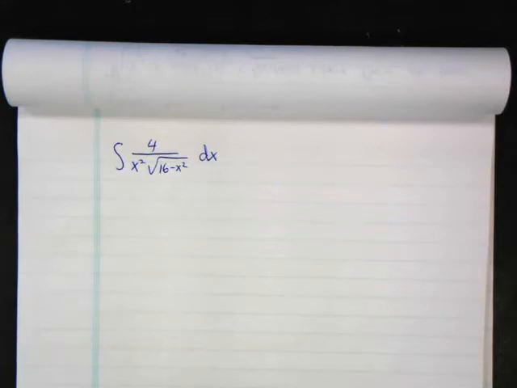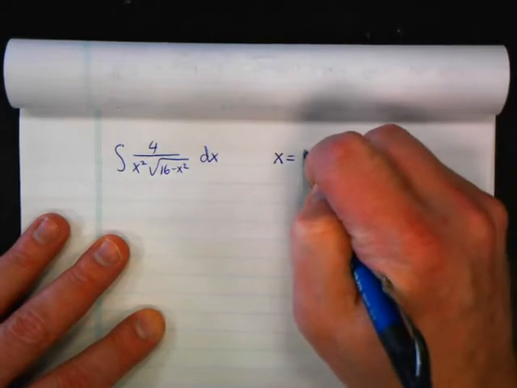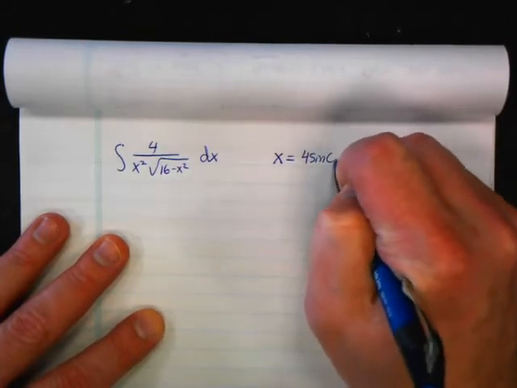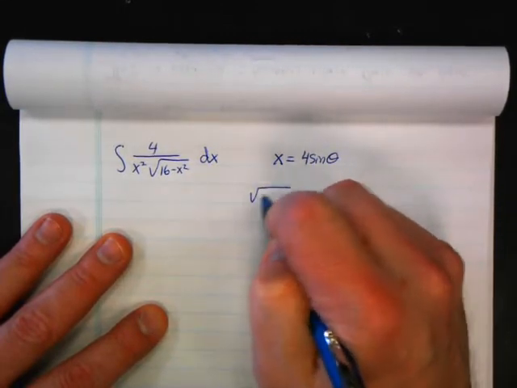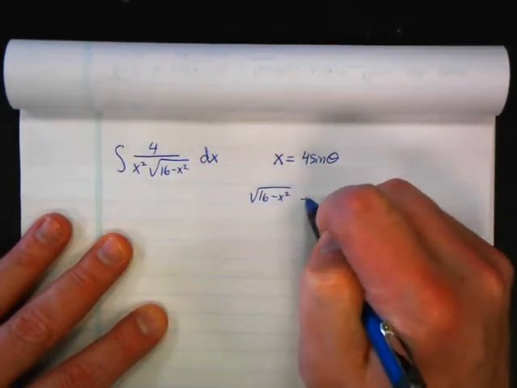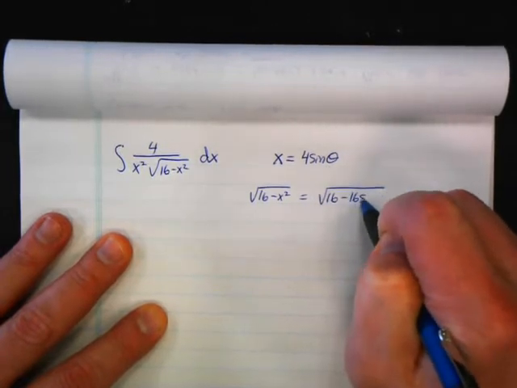Well, what should our substitution be? X is, and a is the number 4. So our substitution is going to be x equals 4 sine theta. What's going to happen with the square root? The square root of 16 minus x squared will become the square root of 16 minus 16 sine squared theta.